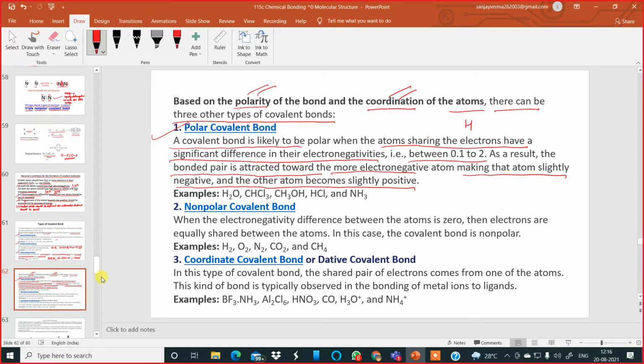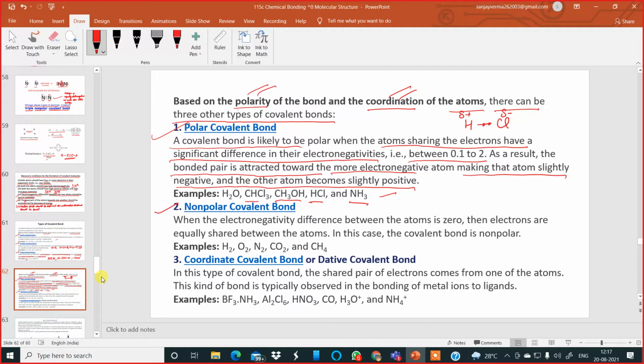For example, in hydrogen chloride, because of the electronegative behavior of the chlorine atom, the hydrogen becomes slightly positive and the chlorine is slightly negative. So that makes this bond a polar bond, where you will find the shared pair of electrons slightly towards the more electronegative atom. Examples of polar covalent compounds are water, chloroform, methanol, hydrogen chloride, and even ammonia.